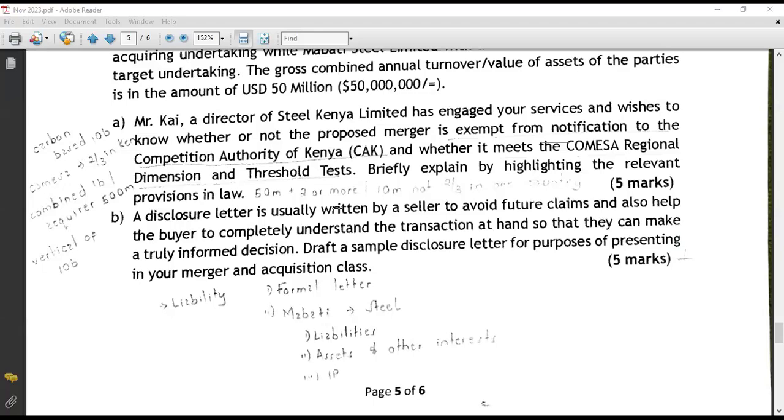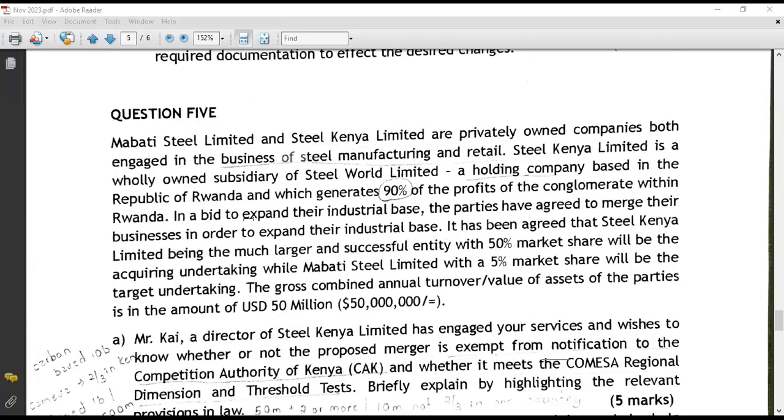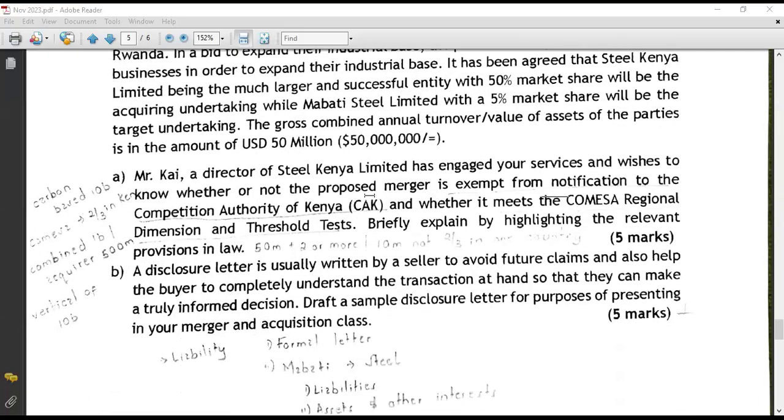But in this case, this is a Rwandan company and a Kenyan company, so it needs to be notified. Yes. The other exemption is where the combined turnover or assets, whichever is higher, of the merging parties in Kenya does not exceed 500 million, or $5 million US, which of course this one does, it is more, it is $50 million US.